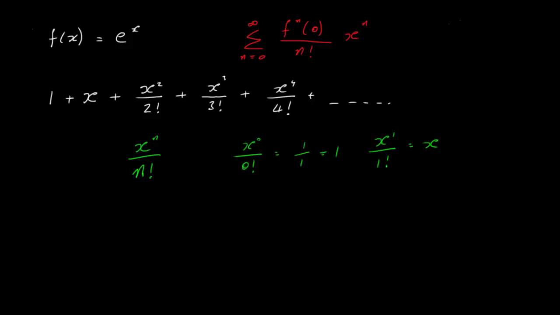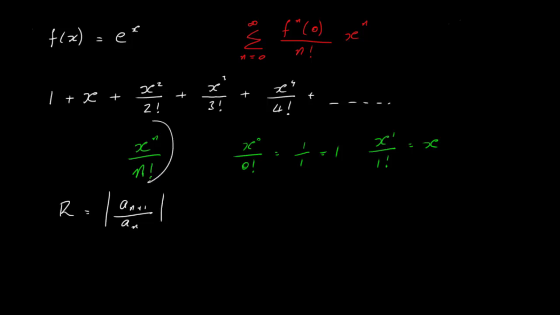Now, one thing we've got to look at here with this series is the radius of convergence. So we've got to look at the ratio, a n plus 1 over a n. We've got to look at the modulus of this, just to make sure that this series actually converges.